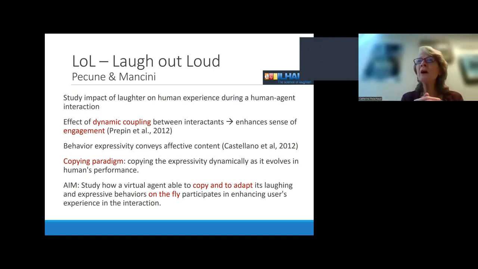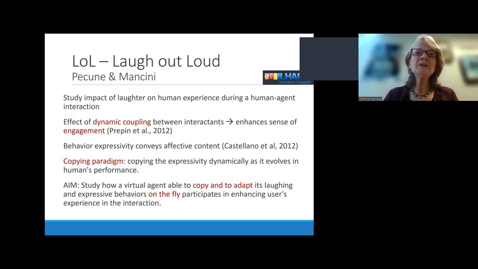This work was based on 2 findings, from us previously and from other colleagues: the effect of dynamic coupling, that is, the interactive loop you can find between participants of an interaction, enhances the sense of engagement. And work by Ginevra and her group found that behavior expressivity also conveys affective content.